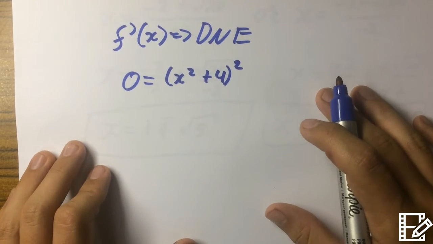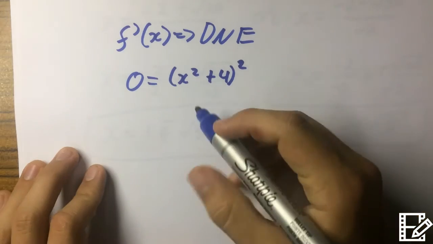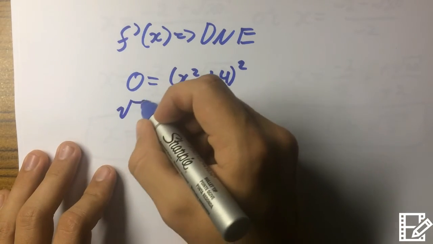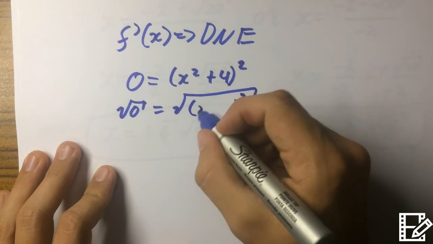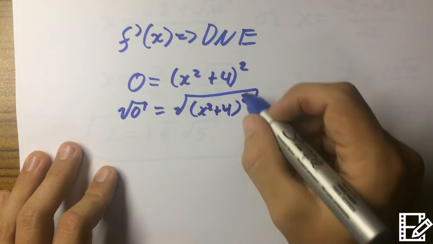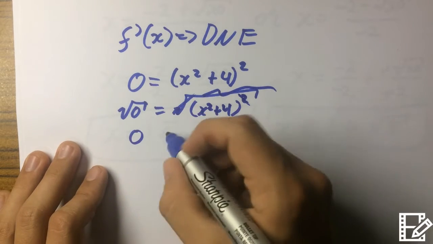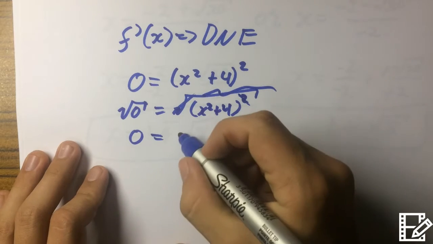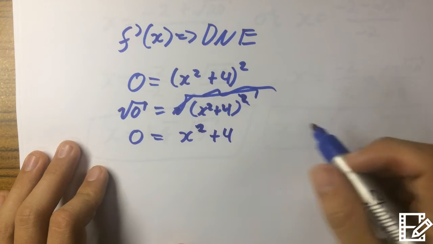How do we solve this? Well, this is the easy bit, just like before. But we've got to get rid of the squared first. So we square root both sides, and what that does is it cancels out the square root. The square root of 0 is just 0. The square root of something squared is that something. So now we're just left with x squared plus 4.